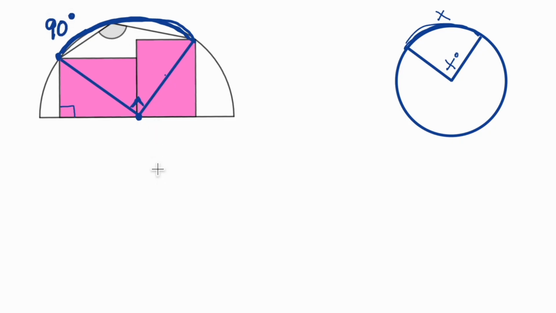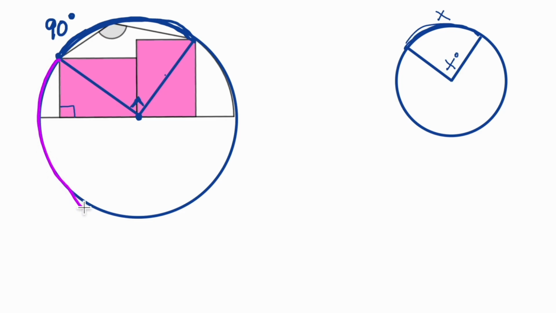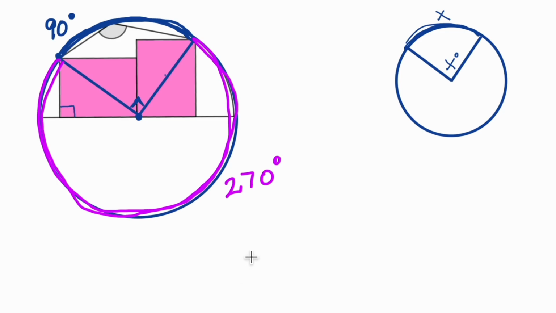Now I'm going to bring the circle back in. So a circle measures 360 degrees, which makes this arc here 360 minus 90 degrees, which is going to be 270 degrees.